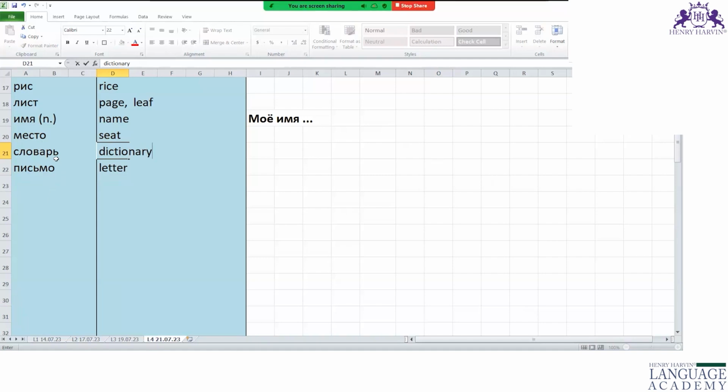We see how the soft sign works here at the end. Словарь. Slightly soft at the end. Письмо. Here we have the soft sign in the middle of the word. Письмо. Словарь. Письмо.